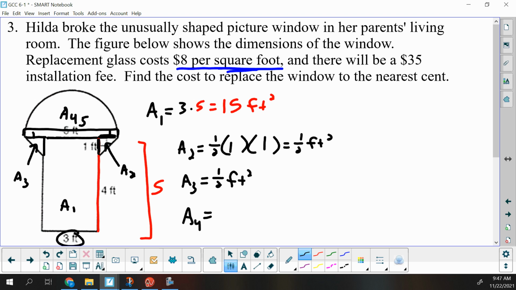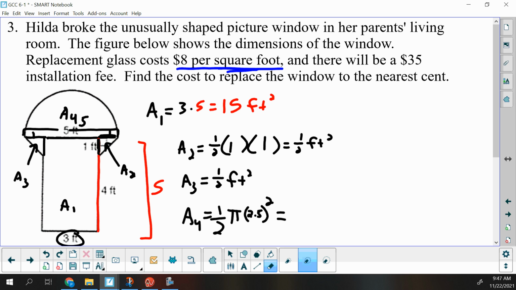And for area 4, we have half of a circle. Pi r squared is our circle area, but we only have a half circle, so we'll put a 1/2 out front. The radius is not 5. 5 was our diameter, so we want our radius, which you can put in as 2.5 or 5/2.